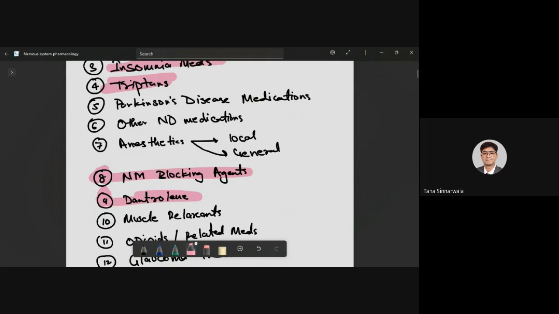I think I marked this a little wrong. We completed the neurodegenerative disorder medications. So we've completed half the medications. I hope you feel confident with half the medications from the nervous system, and tomorrow we will start with the remaining half.